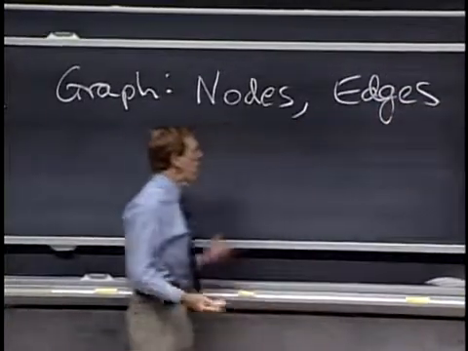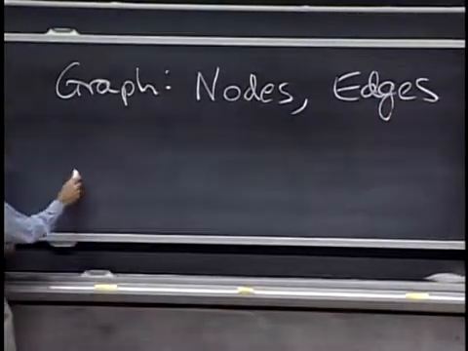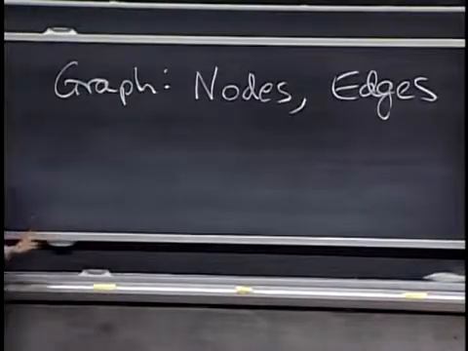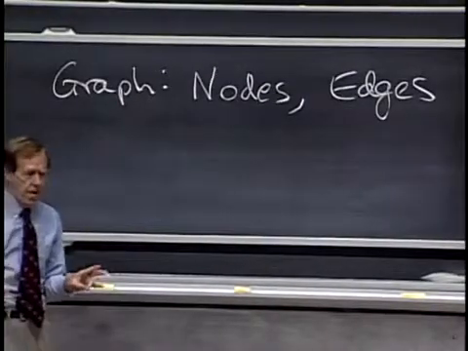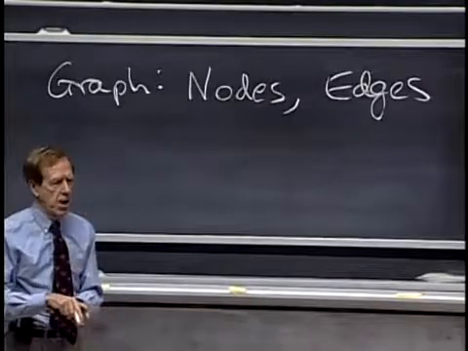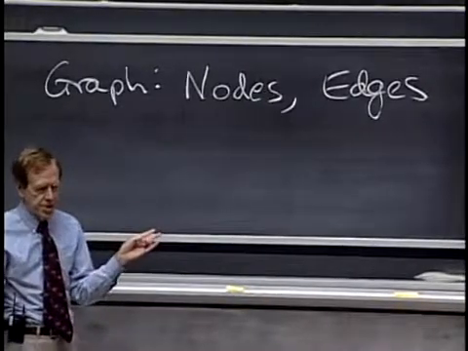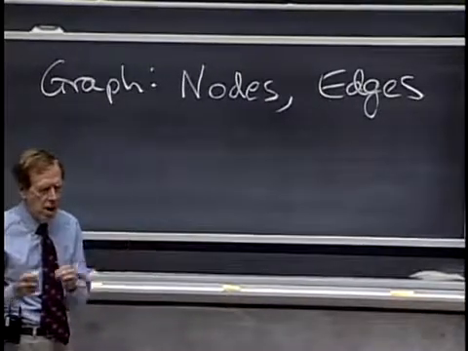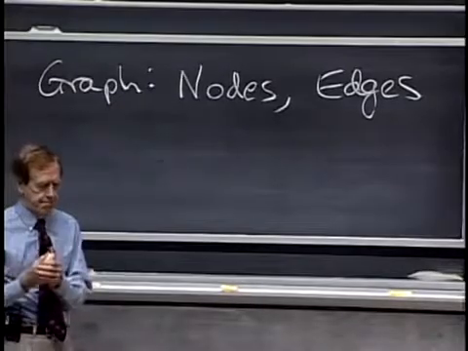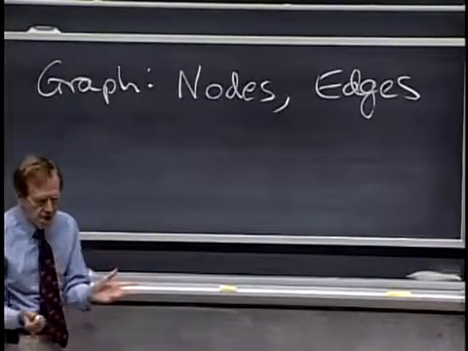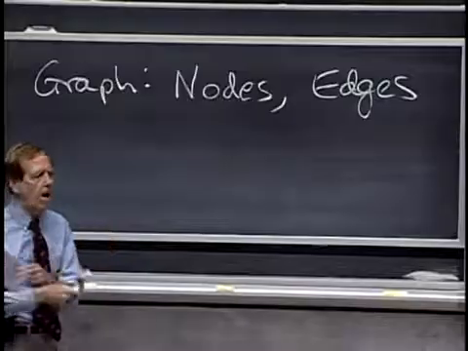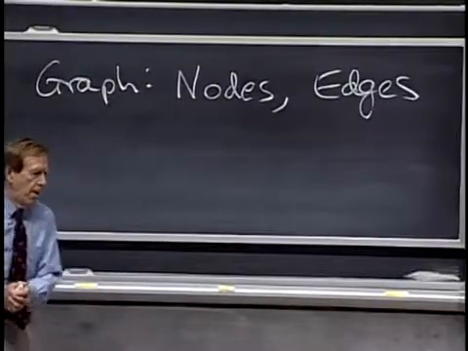Okay, and I'm going to write down a graph. So I'm just creating a small graph here. As I mentioned last time, we would be very interested in the graph of all websites, or the graph of all telephones, or the graph of all people in the world.